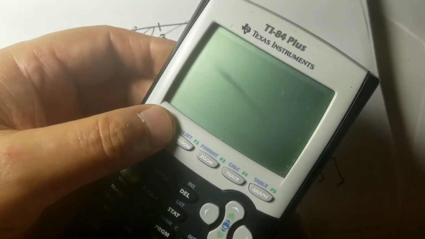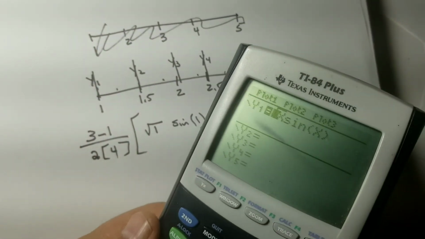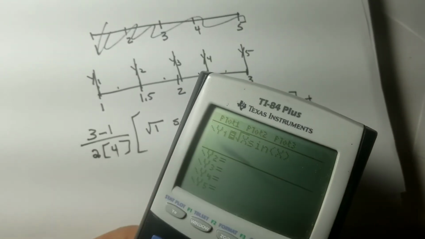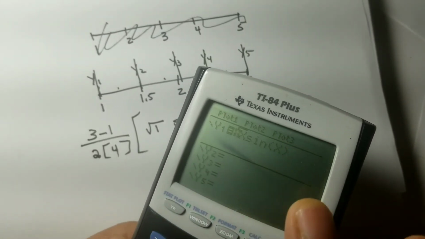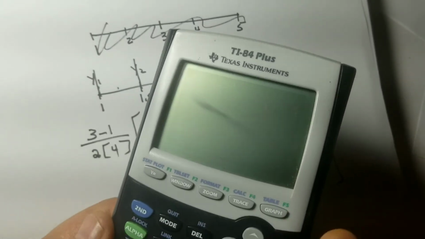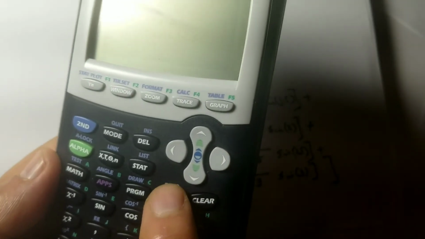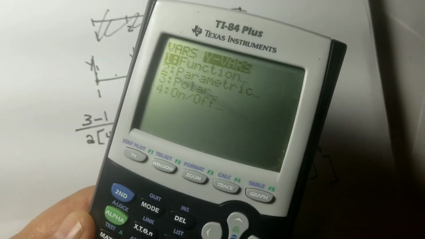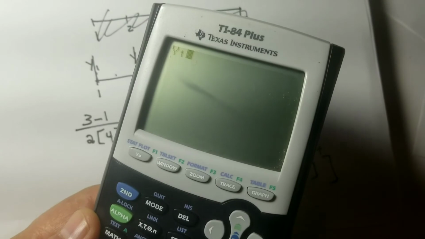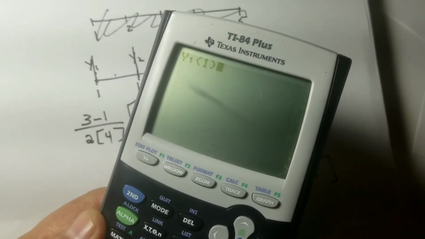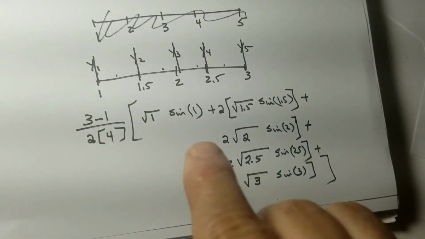I go to my function, and I'm going to type my function right here. That's my function. And what is that function? Y1. And look at how easy this is right now. You go to variables, y variables, function, which is number 1, and pick up y1. And put 1 right here, because I'm doing it for 1.